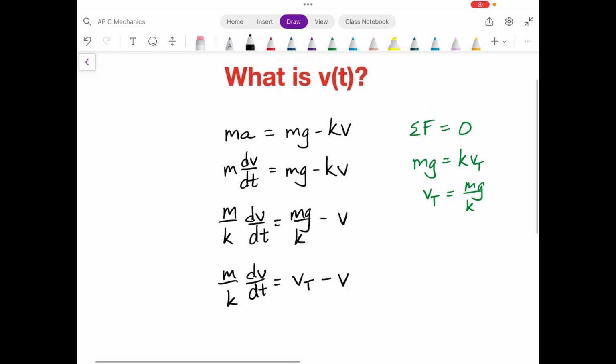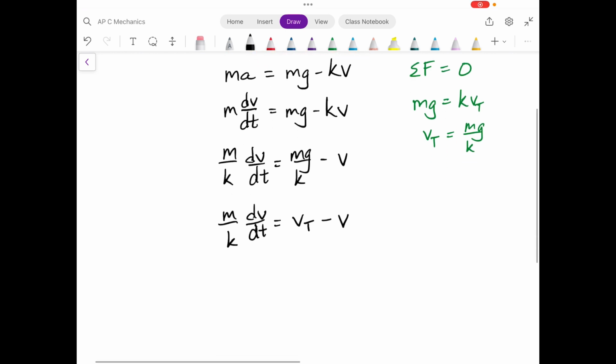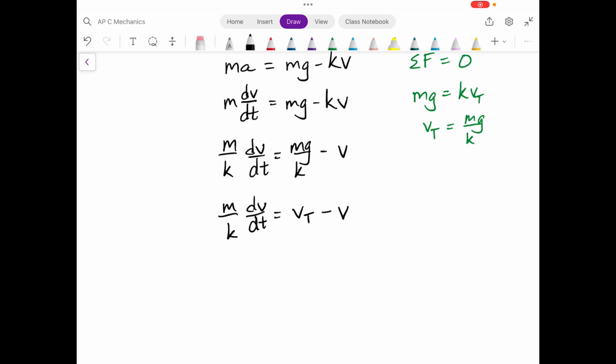Keep in mind, we're looking for velocity as a function of time. So I need to rearrange these things. I need to get the v's on one side together, and everything else on the other side, and I need to separate that derivative statement. So I'm going to take this piece and divide it to the other side. So that will be 1 over vt minus v.